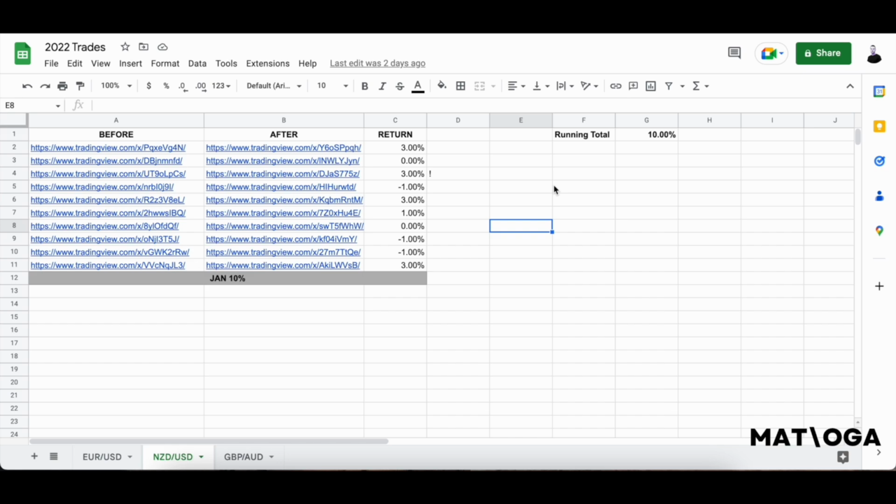So it's a bit more difficult to find the positions within the London session, but it's possible, and it's a pretty decent pair to trade, even though I would say something like Euro NZD might be even better. But of course, you go ahead and do the backtesting yourself and find those pairs that actually work for you. So let's go through the trades.